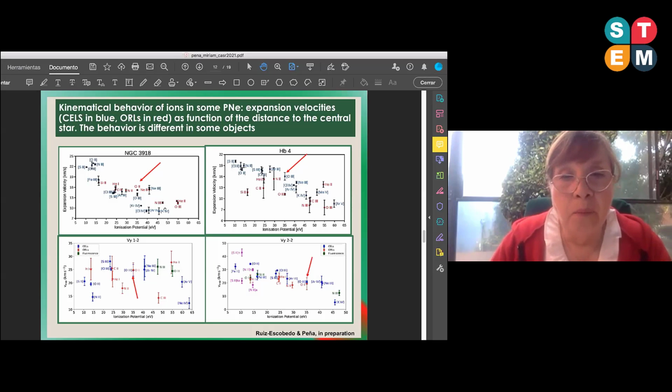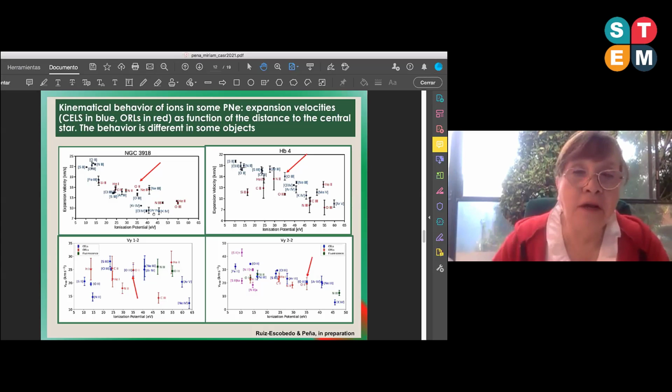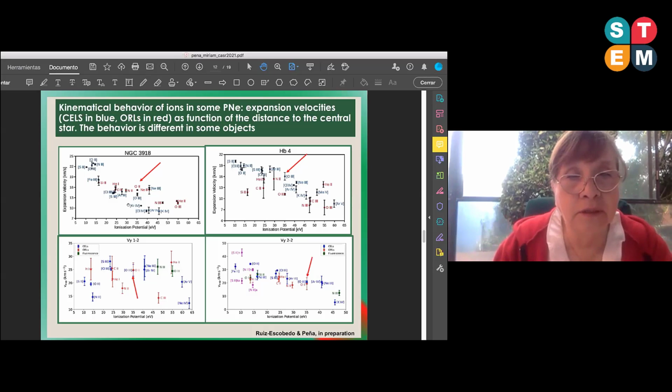The most ionized species are nearer the central star, while the low ionization species are far away from the central star. So this is the distance in this axis. In blue, the CELs. We are going to see this special object, HB4.